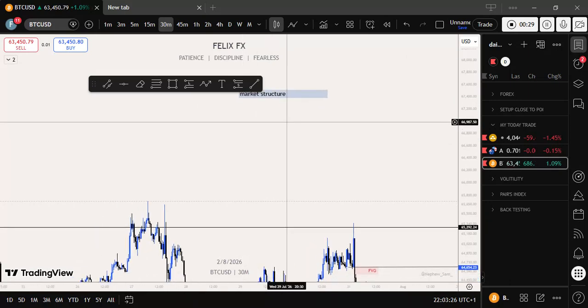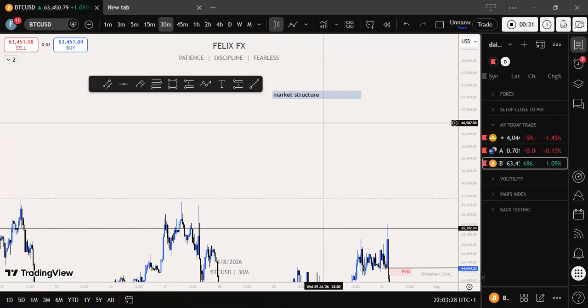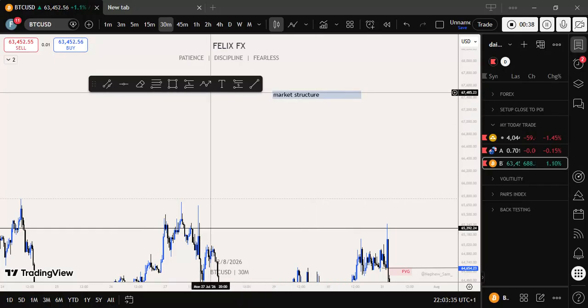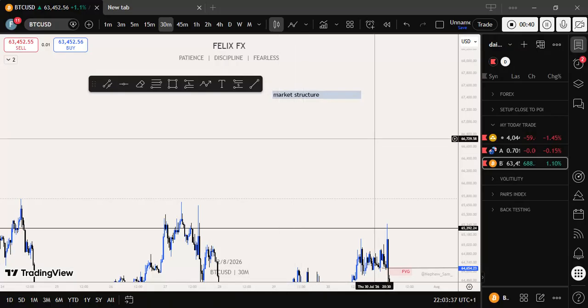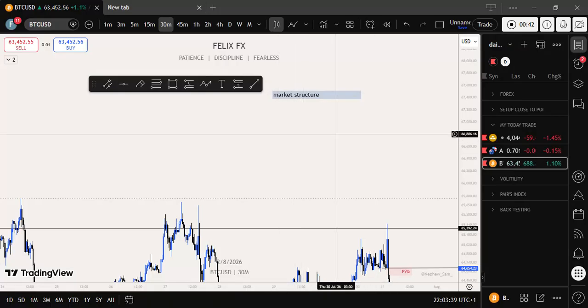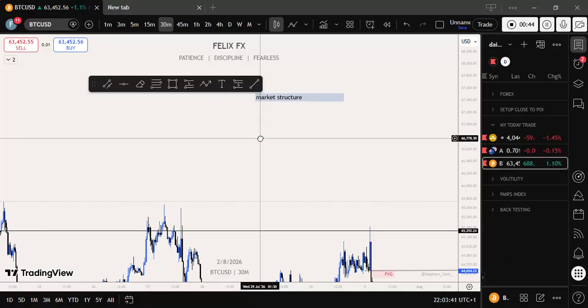So in market structure, we have phases. Actually, it's three phases, which are the uptrend, the downtrend, and the range, what they call ranging. That's when the market is moving in a range.